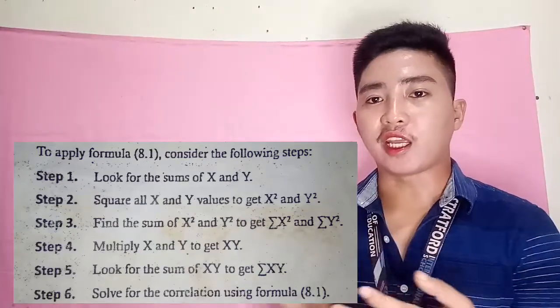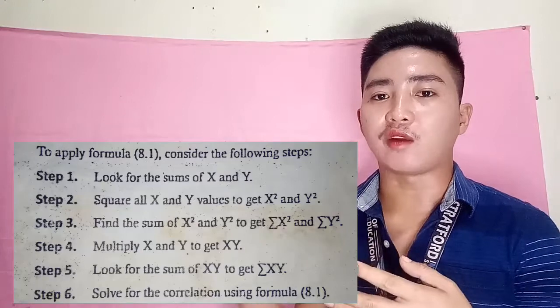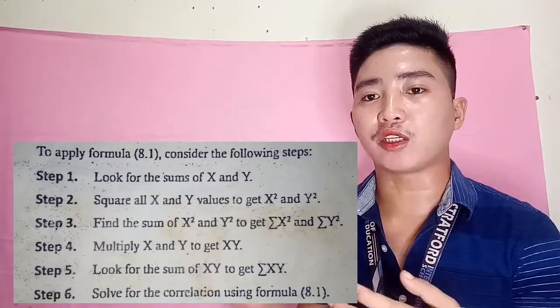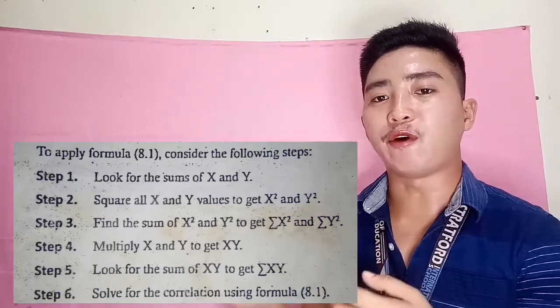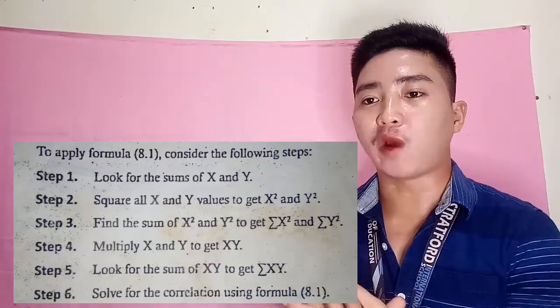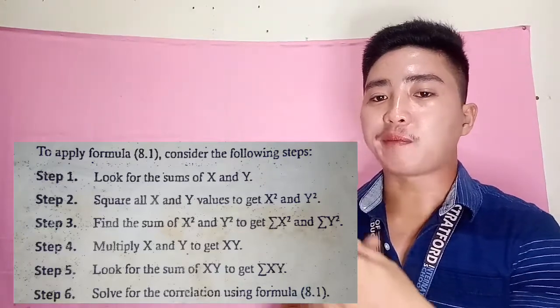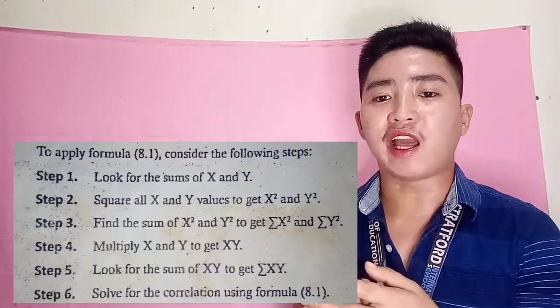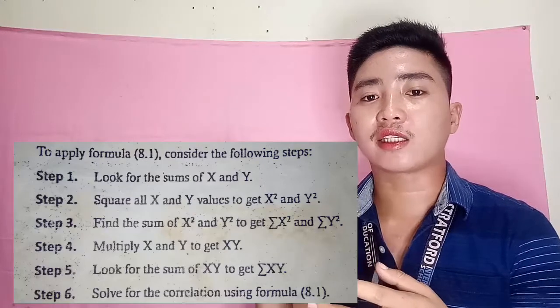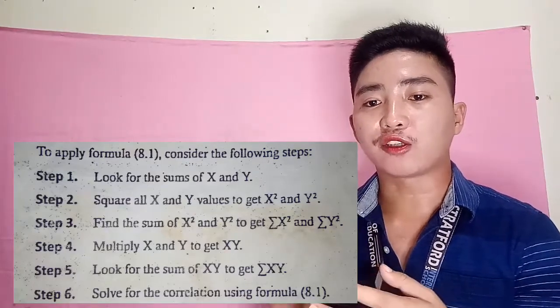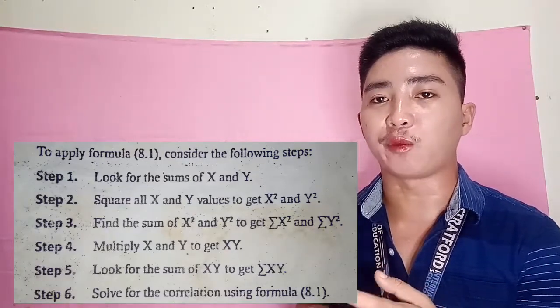Step 3, find the sum of x squared and y squared to get the summation of x squared and summation of y squared. Step 4, multiply the x and y to get the xy. Step 5, look for the sum of xy to get the summation of xy. And the last step, step 6, solve for the correlation using the formula.